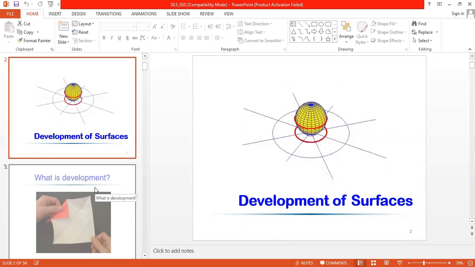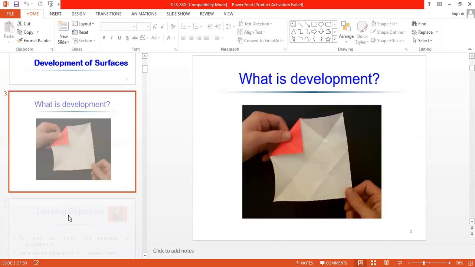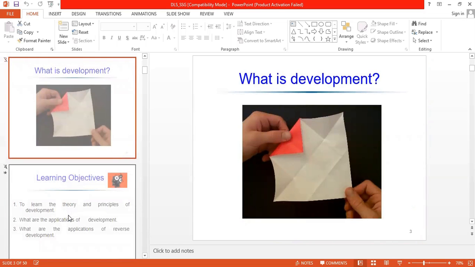Imagine that. If there is plain paper, and we make a solid with the help of this paper, and if we open that, after the development, that is the development.